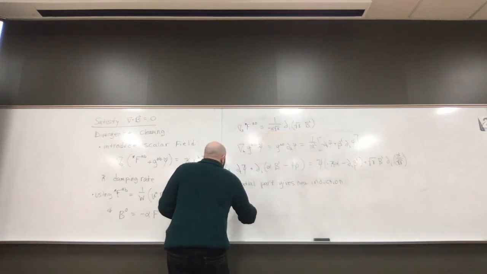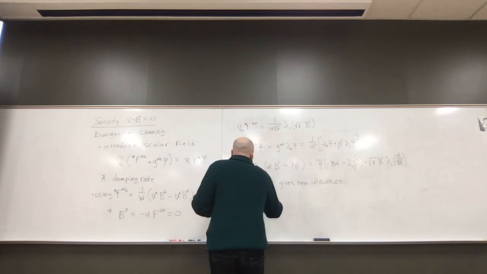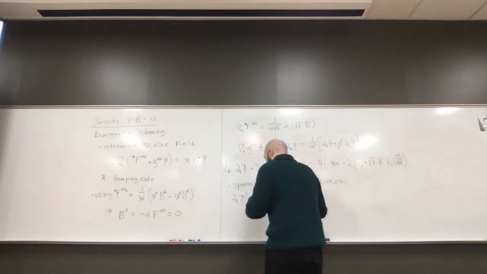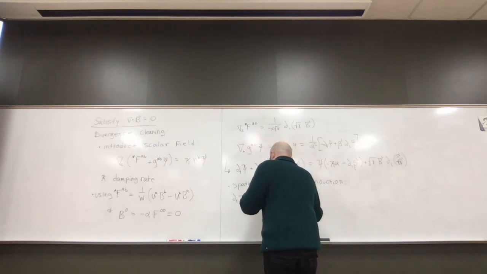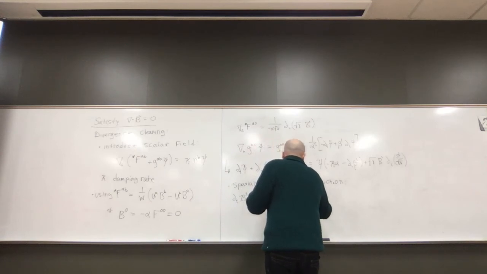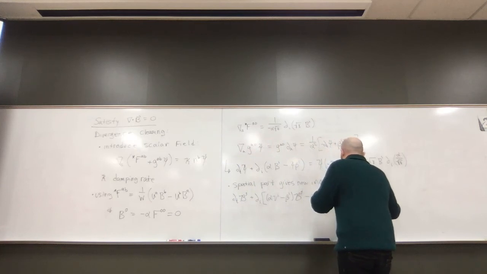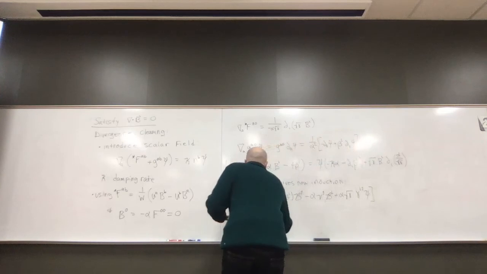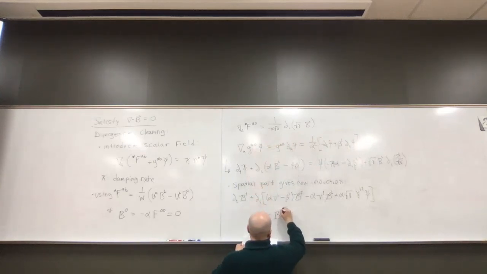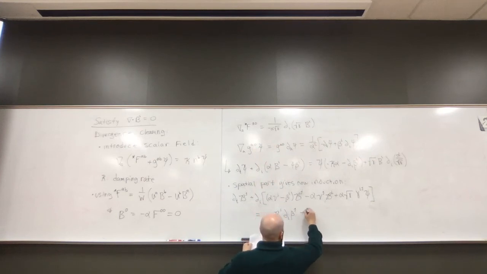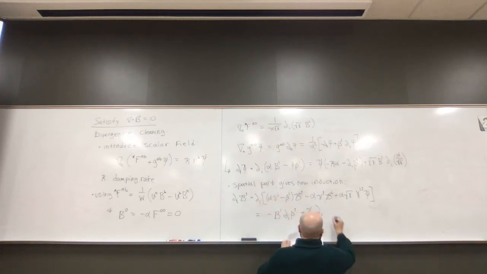That looks like this. Time derivative of curly b^j, plus partial derivative with respect to i of open bracket, open parentheses, alpha v^i minus the shift beta^i, all times curly b^j minus alpha v^j curly b^i plus alpha square root gamma, the spatial metric gamma^ij, all times psi, is equal to minus curly b^i gradient of beta^j, plus psi times partial with respect to i of alpha square root gamma gamma^ij.